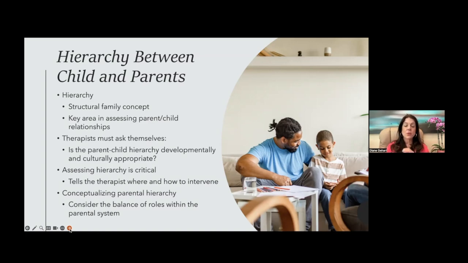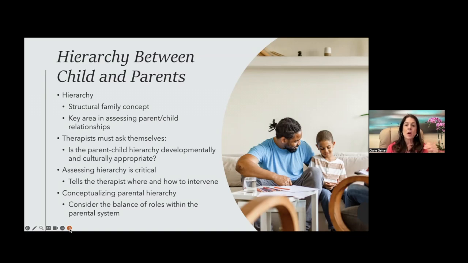So really looking at that hierarchy, not from a philosophical stance, but you want to look at the kid's behavior. And the question is, can the parent manage their children's behaviors, primarily behaviors, 90% of the time? We do not want compliance. We do not want little mindless robots.